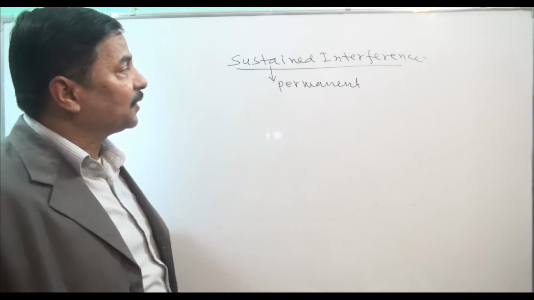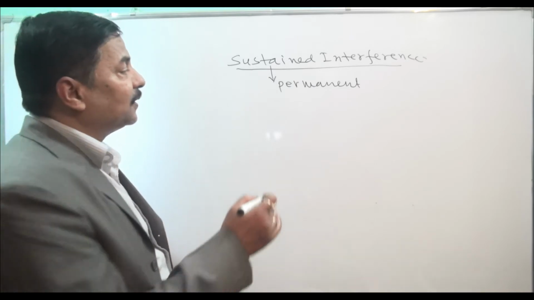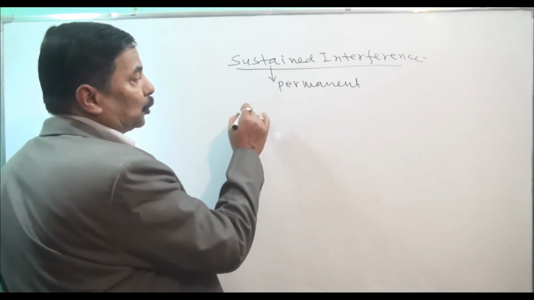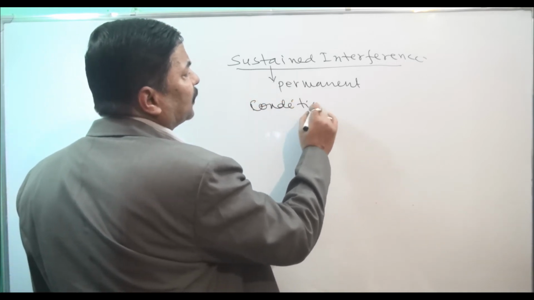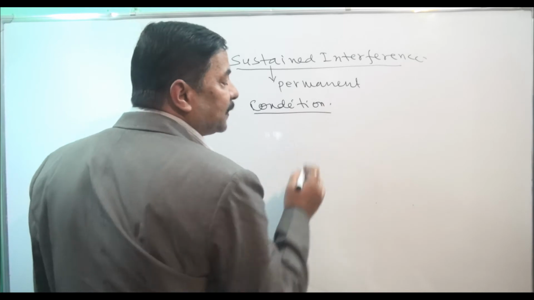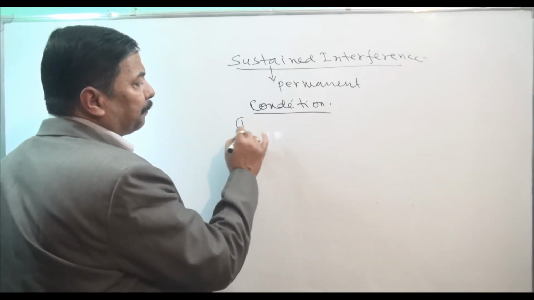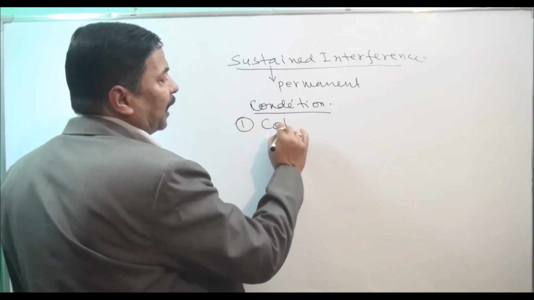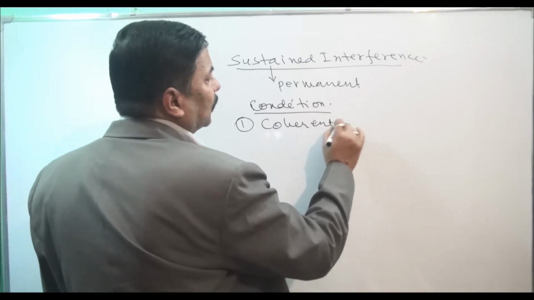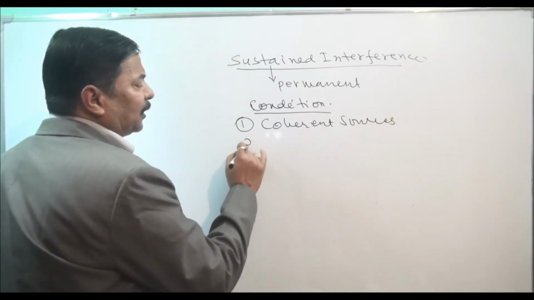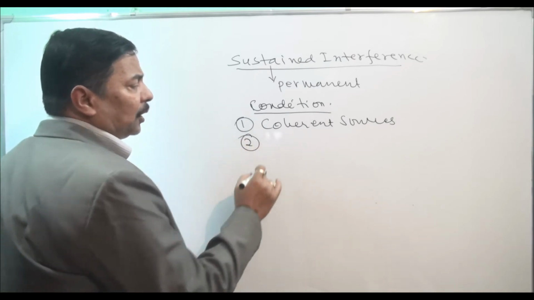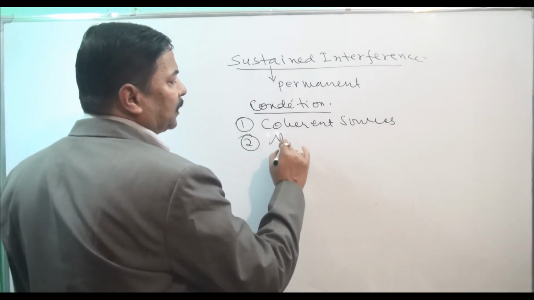So for sustained interference, what are the conditions that we should know? Conditions for sustained interference: the first thing is that coherent sources of light should be there. The second thing is that light should be monochromatic in nature.